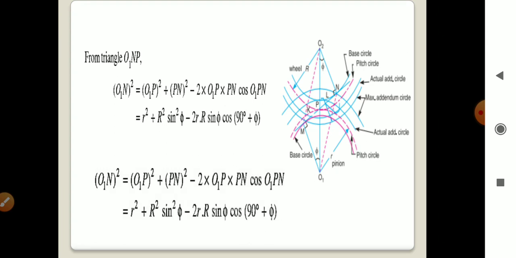So O1N square is equal to O1P square plus PN square minus 2 times O1P into PN into cos of O1PN. Put all these values: small r square plus capital R square into sine square of phi minus 2 times small r into capital R into sine of phi into cos of 90 plus phi.